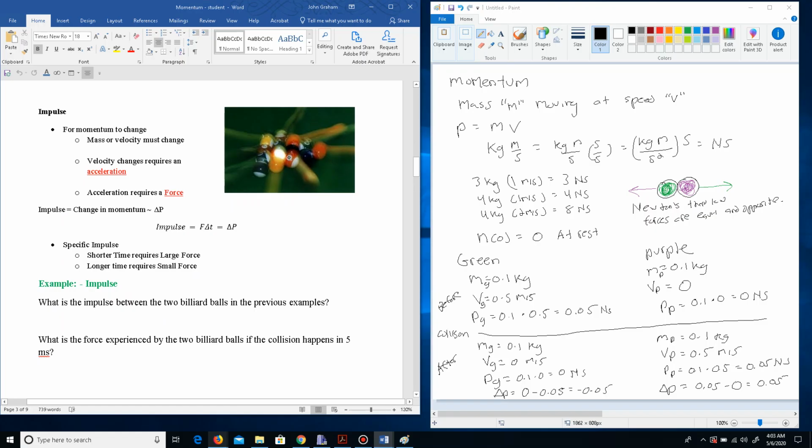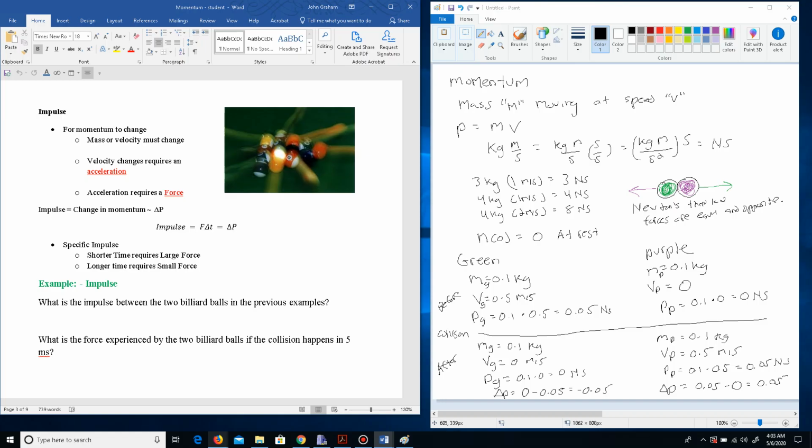Matter of fact, if the mass is changing, it's going to require acceleration. And so the acceleration requires a force. So impulse requires a force. And what we actually have here is that impulse is what's found to be force times time, which follows this unit, newtons times seconds.